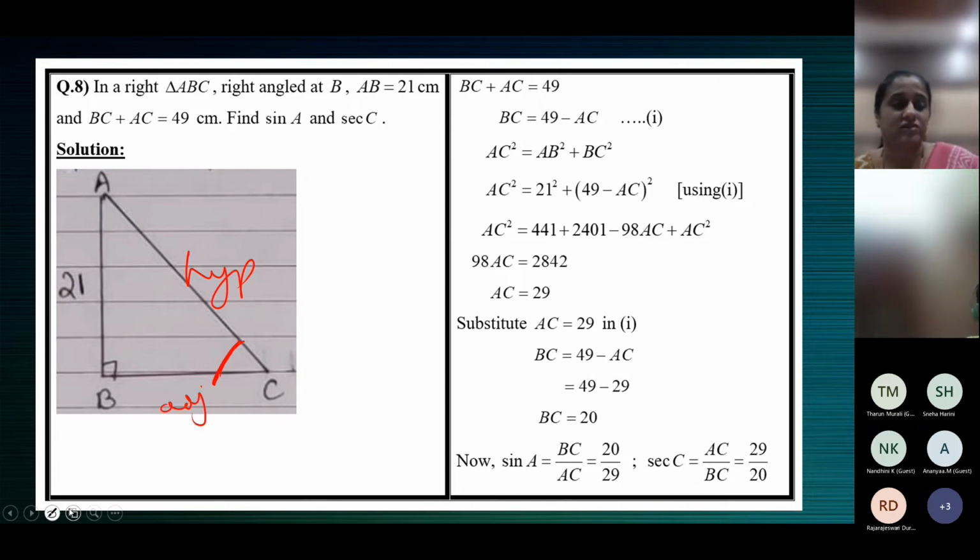And when you have to find ratios like this, you need to know all the sides of the right triangle. You know that. This is a simple thing. You must have seen it in standard 8. So find the sides and find the ratios. Yeah, complete this, take a screenshot.